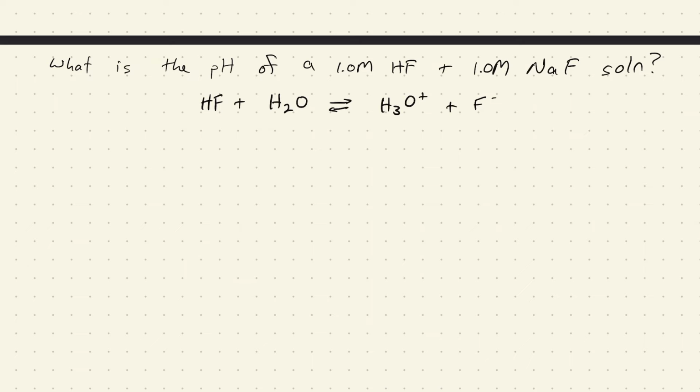So you'll notice that this problem's just a little bit different, where I have a 1 molar HF solution, and then I add sodium fluoride to make a 1 molar sodium fluoride solution. So what's going to happen here? Well, we know that the HF is going to dissociate into hydronium and fluoride ion to a small extent.